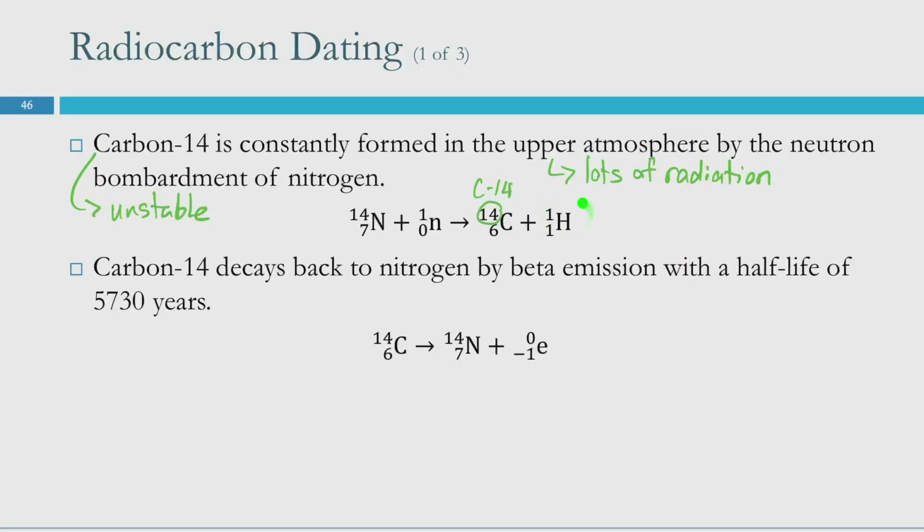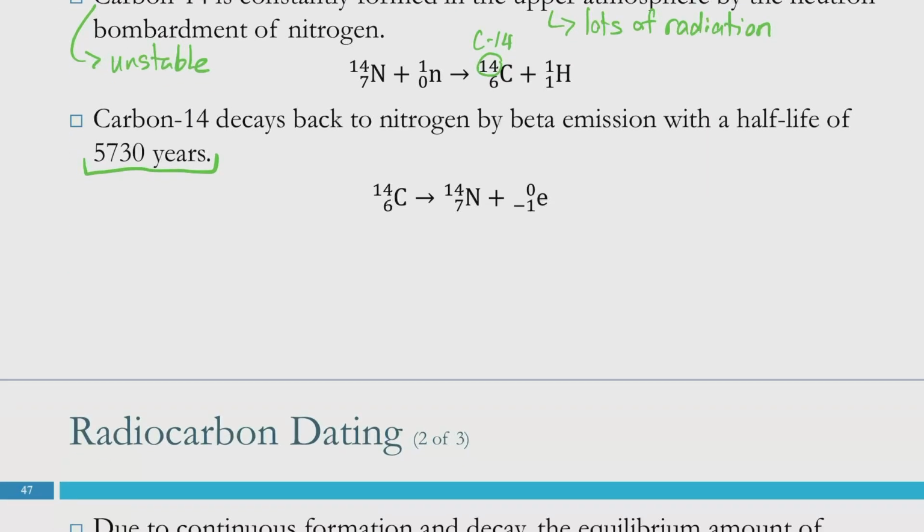and regular old hydrogen. Over a long period of time, carbon-14 can decay back to nitrogen by emission of a beta particle, an electron, and it's got a half-life of 5,730 years. Since it's being constantly formed in our upper atmosphere, that eventually makes its way down to us.